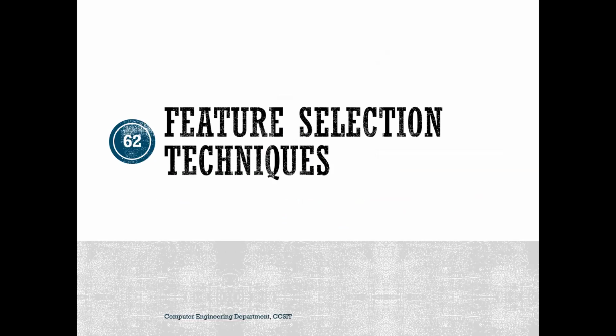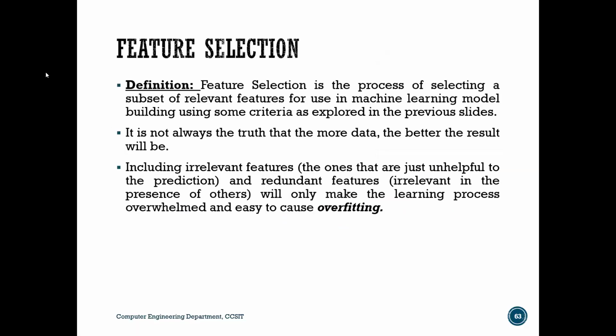Now feature selection techniques. Feature selection is the process of selecting a subset of relevant features for use in machine learning model building, using some criteria as explored in the previous slide. We have seen already.